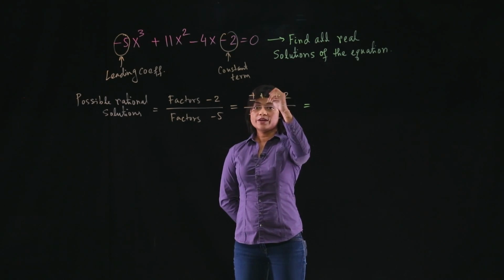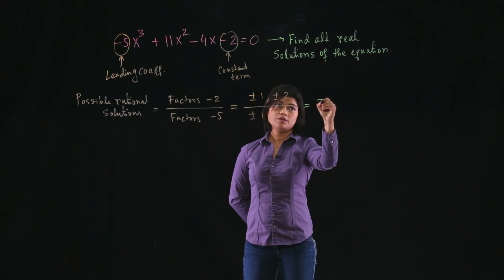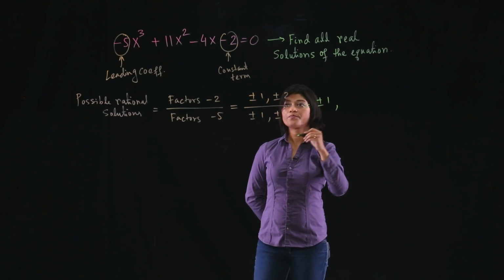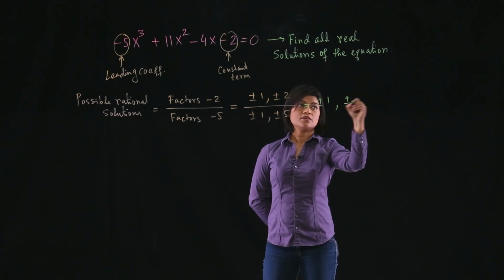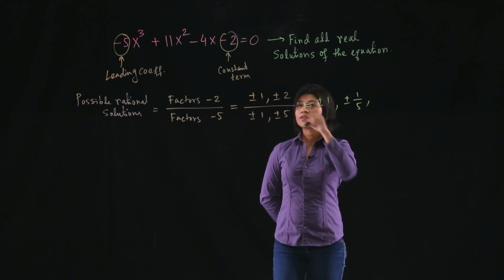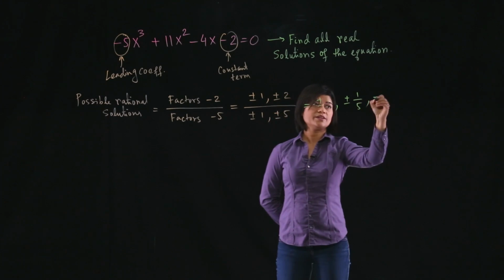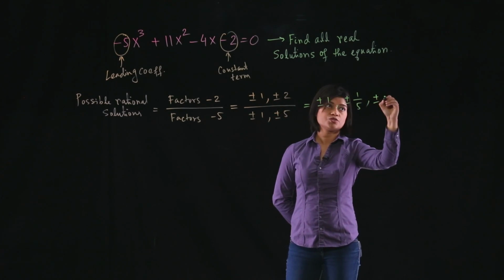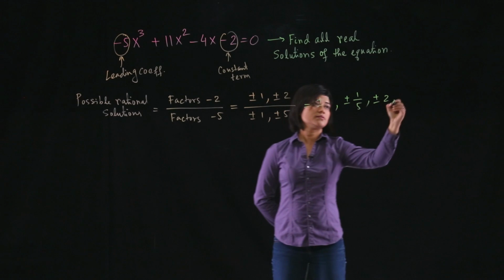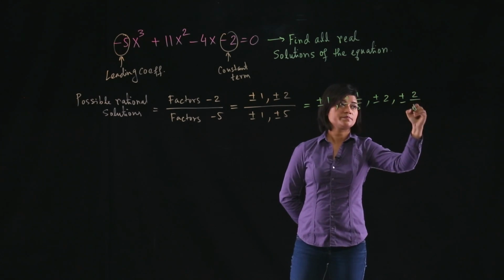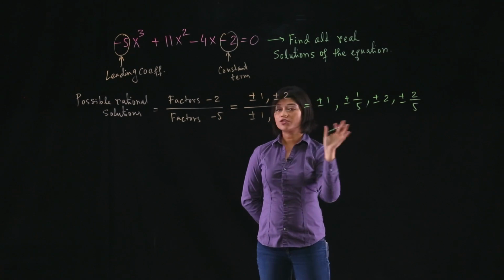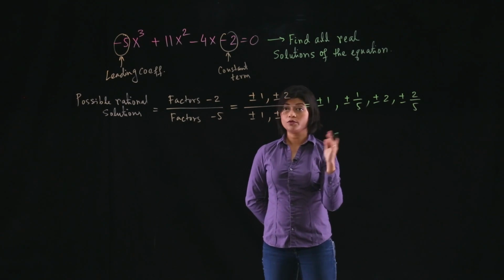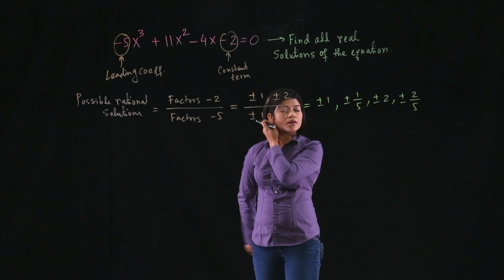If you divide plus or minus 1 by plus or minus 1, you get plus or minus 1. If you divide 1 by 5, you get plus or minus 1/5. The next one will be plus or minus 2 divided by 1, which is 2, and plus or minus 2/5. So there are 8 possible rational zeros and therefore rational solutions.